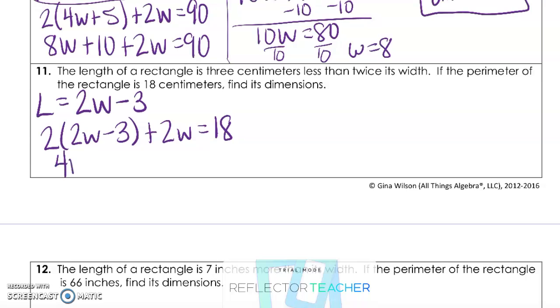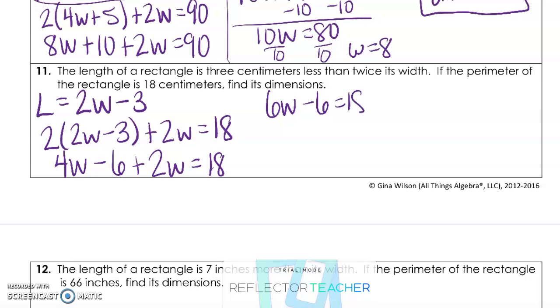So 4w minus 6 plus 2w is equal to 18. 6w minus 6 is equal to 18.